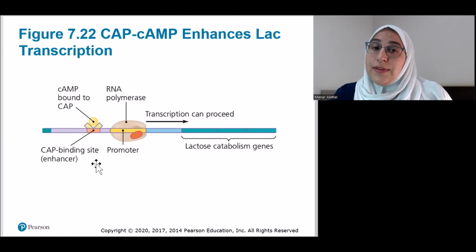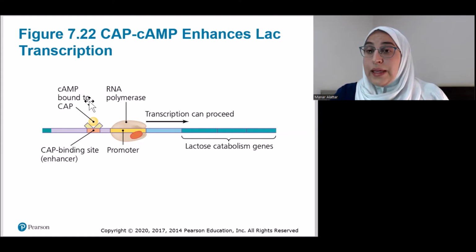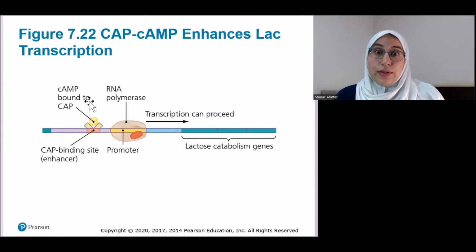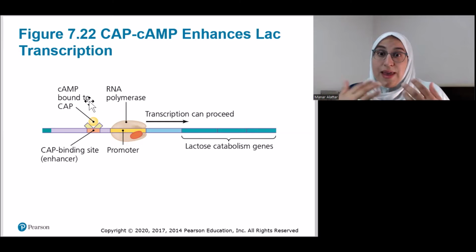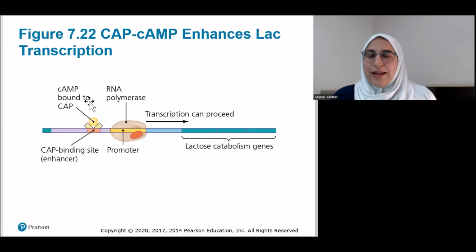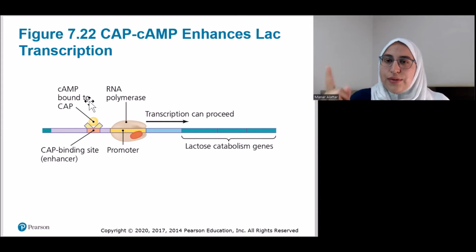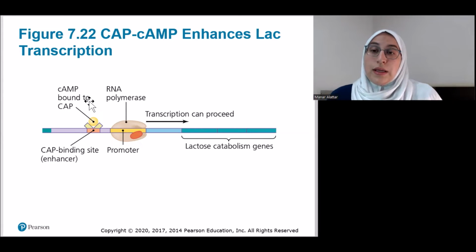And if it's activated by the cyclic AMP, which indicates that glucose levels are low, then the lac operon is transcribed. And then you actually make the genes that you need to actually metabolize lactose. Okay, so that's the first instance of turning on the lac operon, when glucose levels are low.